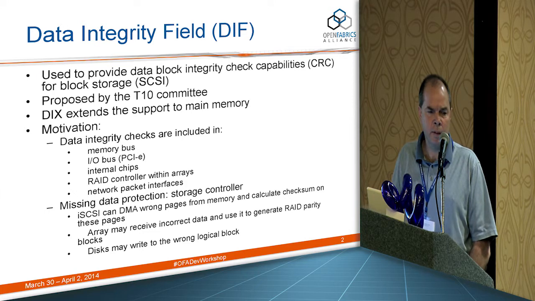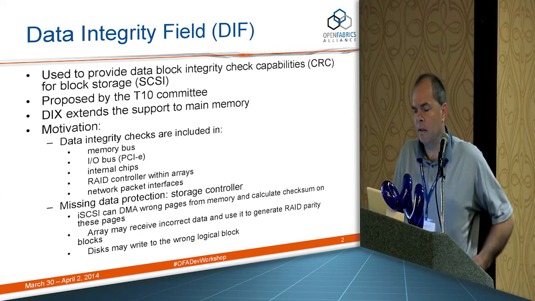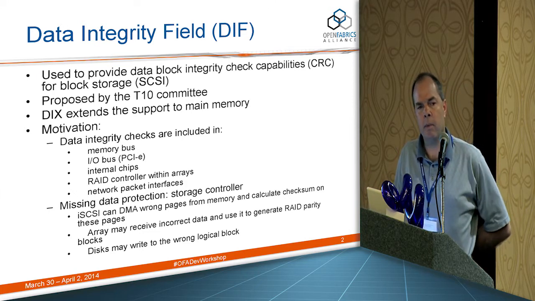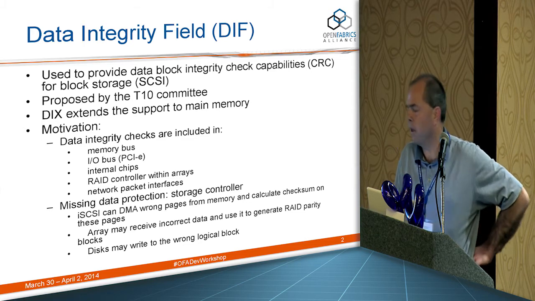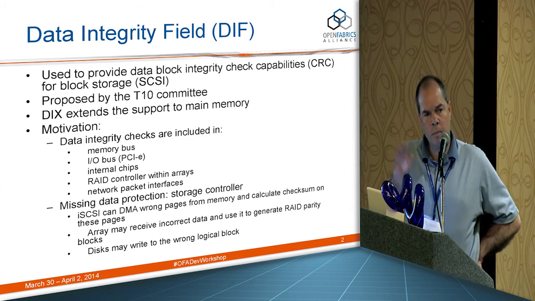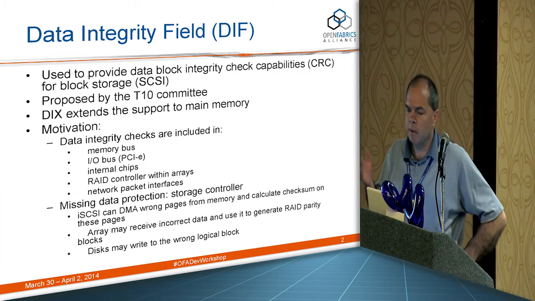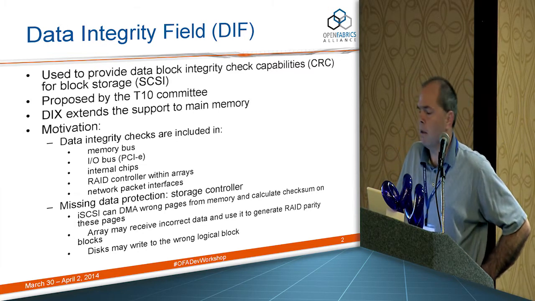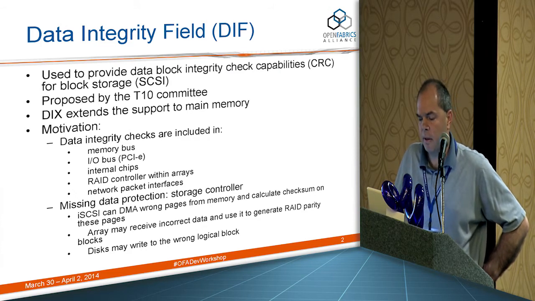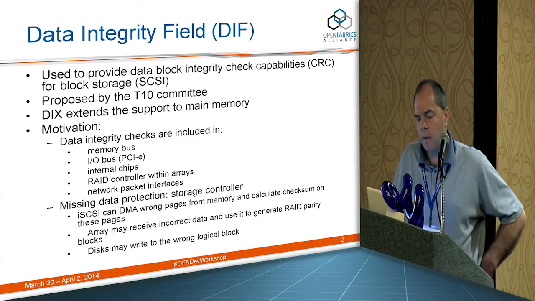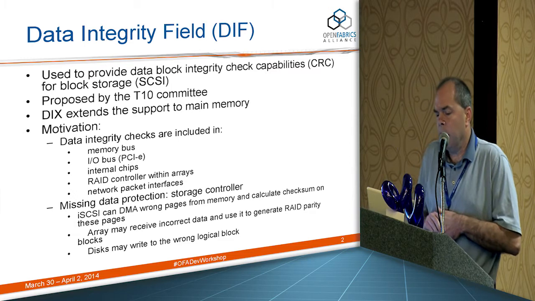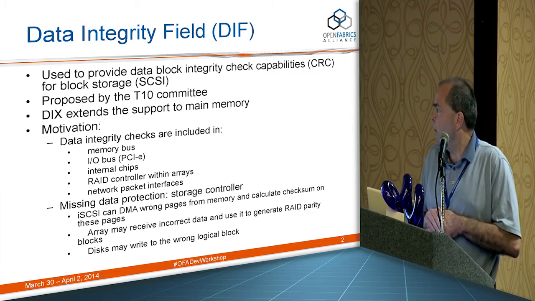So T10 DIF and T10 DIX are the capabilities that we're supporting here. I should say the support in hardware is broader for this. It supports more than just T10, but all we've exposed at the hardware level at this stage is T10 DIF and DIX.